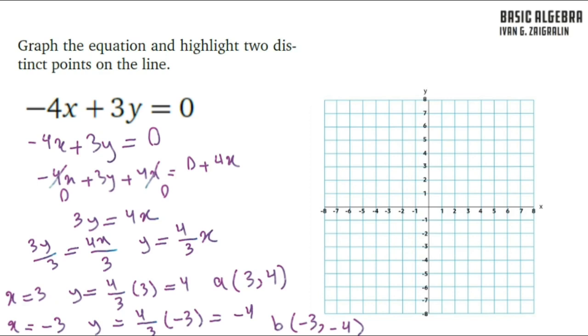And when x equals 0, y equals 0. So the point A, 3 and 4, is here, and B, negative 3 and negative 4, is here, and this is the line of this equation on the graph.